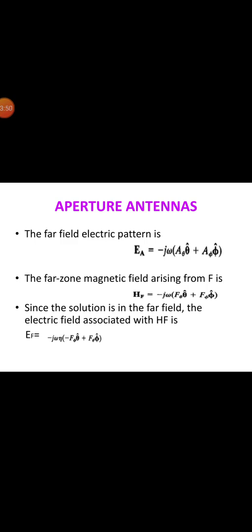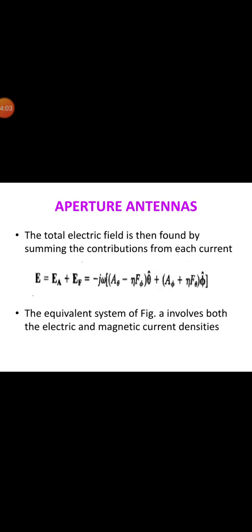Since the solution is in the far field, the electric field associated with HF can be written as EF equals minus jωη into minus Fφ θ vector plus Fθ φ vector. The total electric field is then found by summing the contributions from each element. So E is equal to EA plus EF, that is minus jω into (Aθ minus ηFφ) θ vector plus (Aφ plus ηFθ) φ vector.